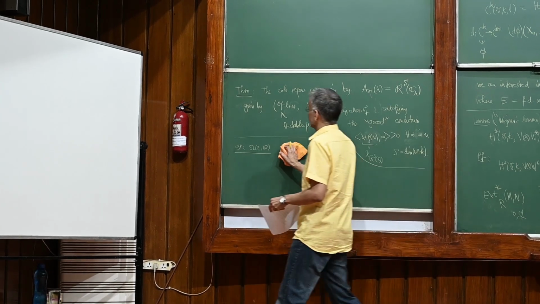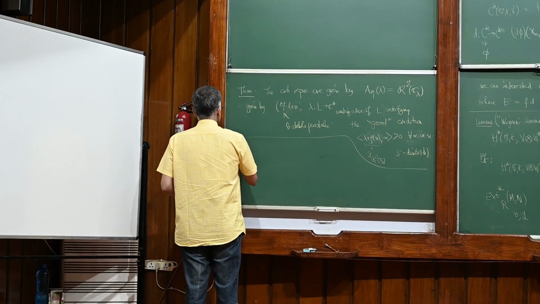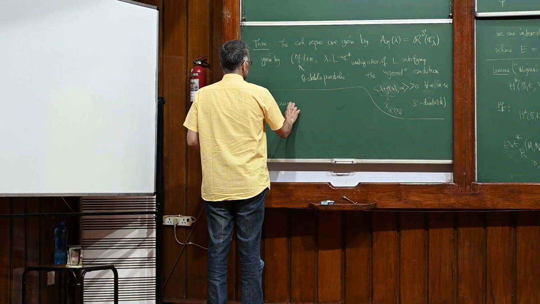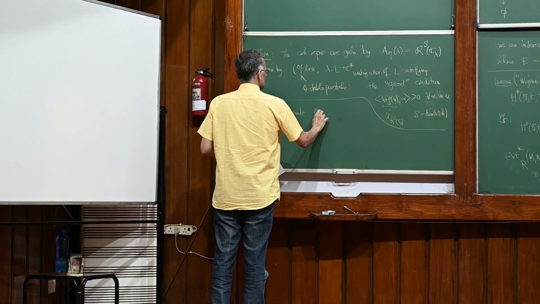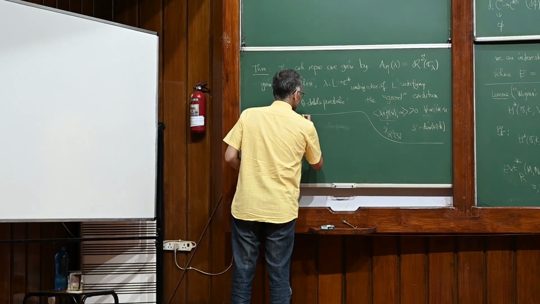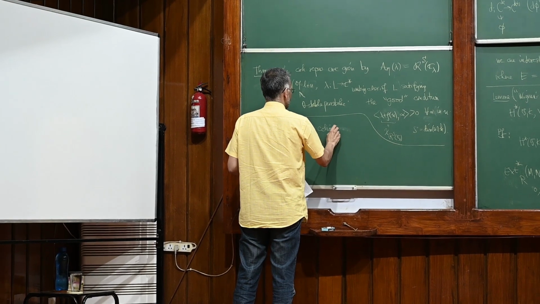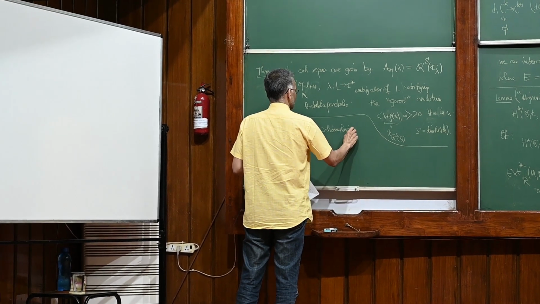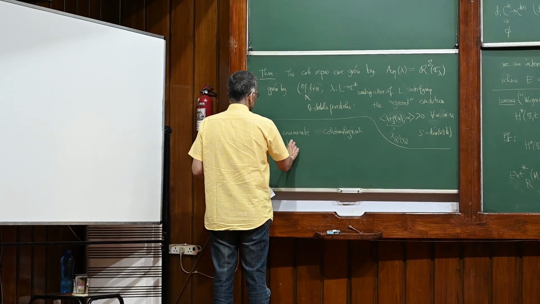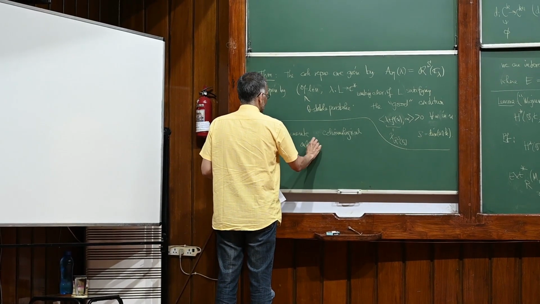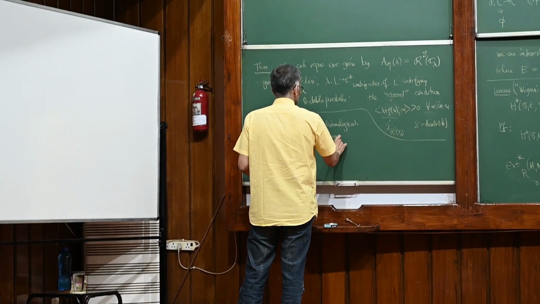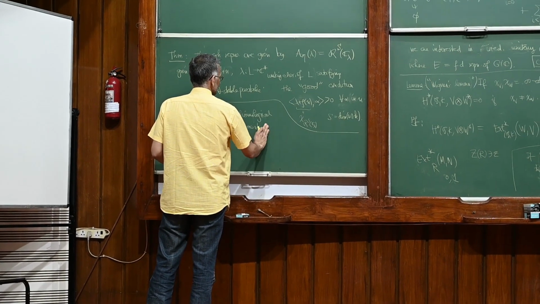So to enumerate cohomological representations, one has only to enumerate the q's.